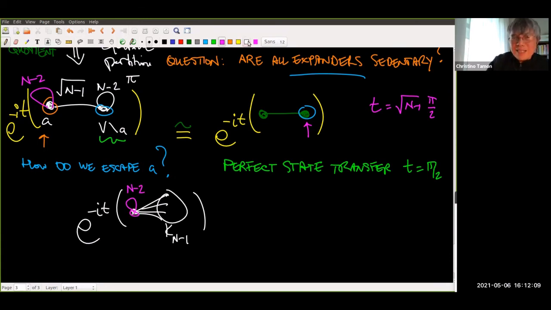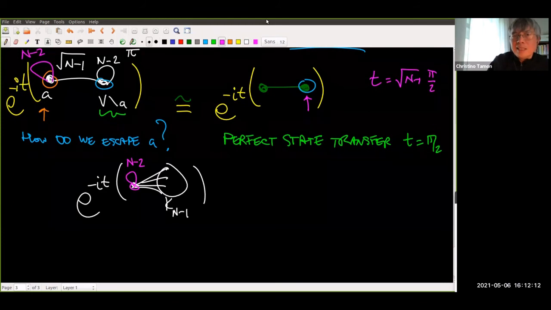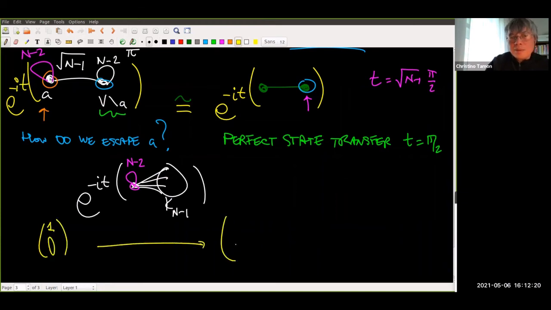Then this evolution actually can bring us from this to this, up to some asymptotic factor, right?